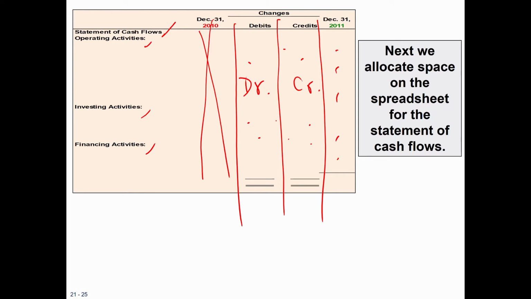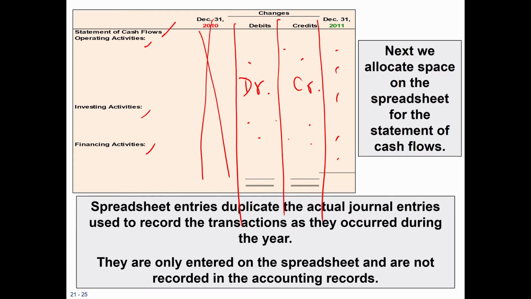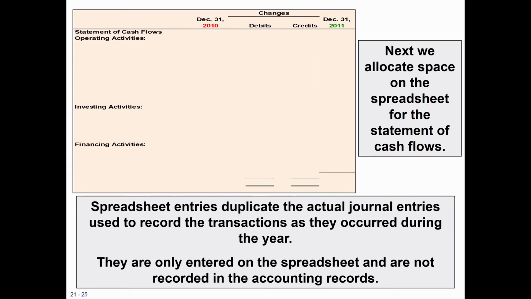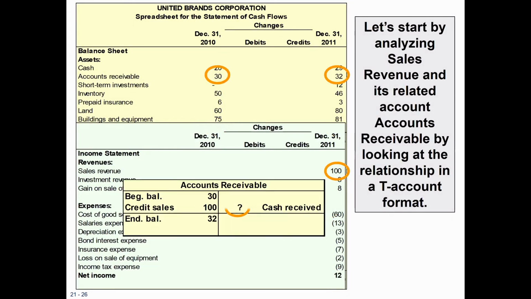So again, this is the new approach. Let me show you how to fill it out. Let me give you a couple of examples. The first example: here we have two spreadsheets.